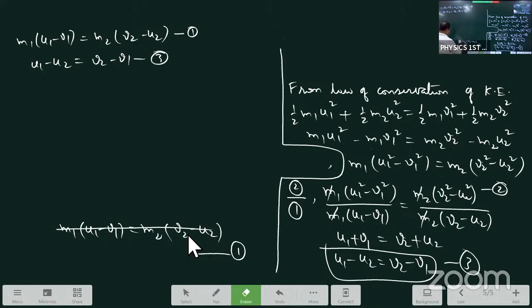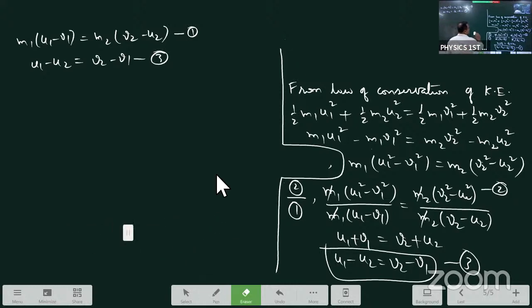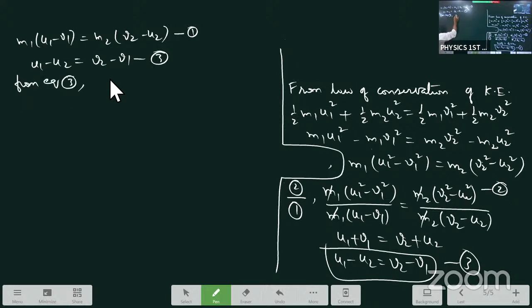Now what I have to do? Take from equation 3 the V2 value, substitute V2 value in equation 1, you will get V1. Now see this. From equation 3, take V2.